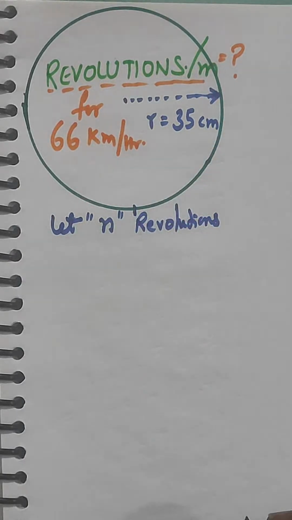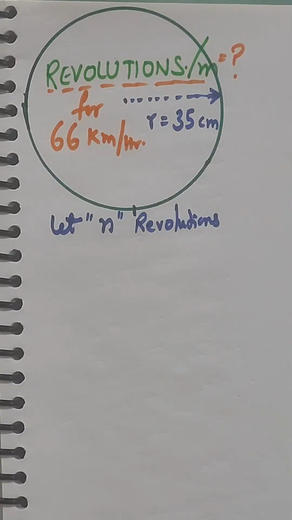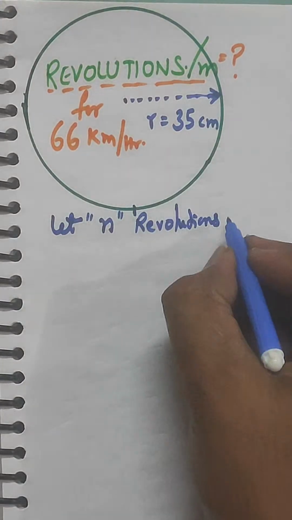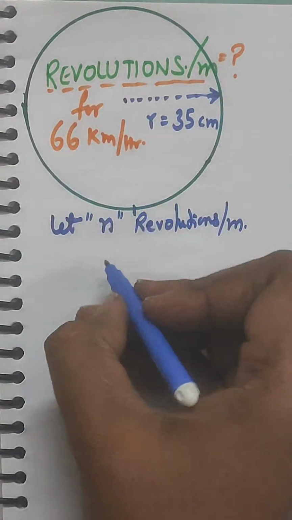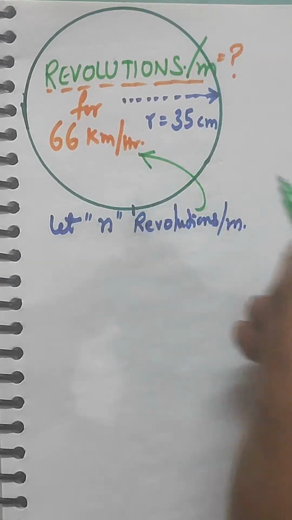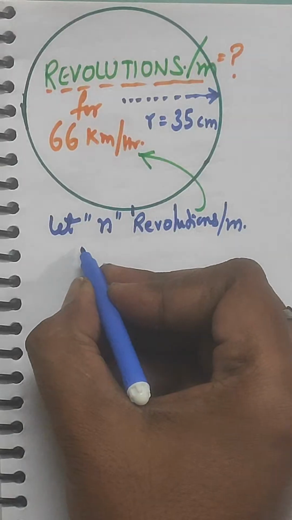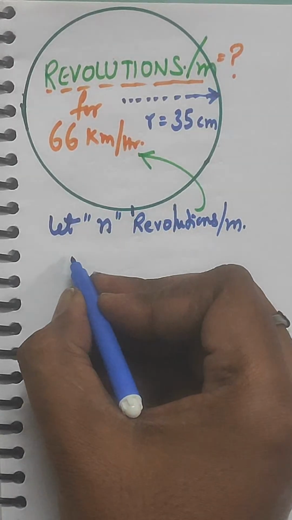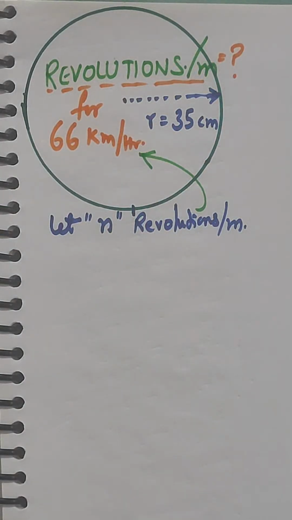So let us say in n revolutions per minute, the speed is achieved as 66 kilometer per hour. Then we can say that in n revolutions, n times 2 pi r will be covered, right?